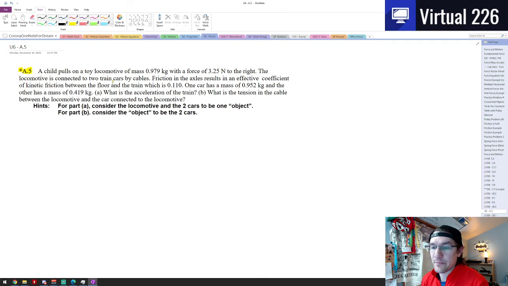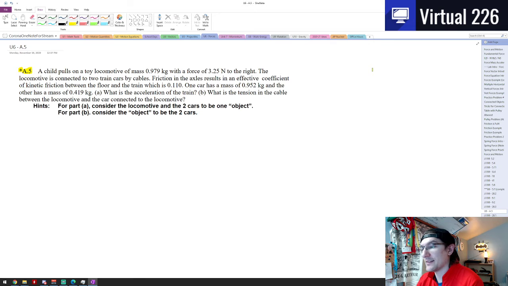In the problem, we have a child pulling on a toy locomotive of mass 0.979 kilograms with some force, 3.25 newtons to the right. The locomotive is connected to 2 train cars by cables. Friction in the axles of the trains results in an effective coefficient of kinetic friction between the floor and the train of 0.11.